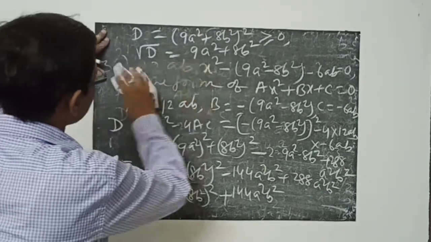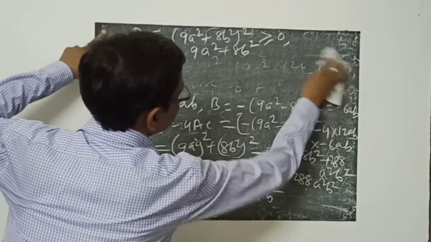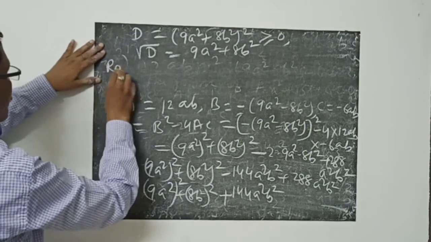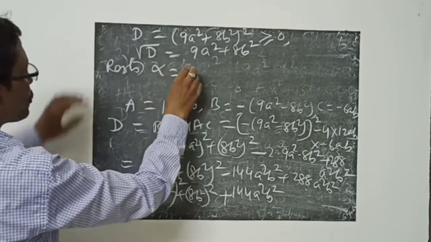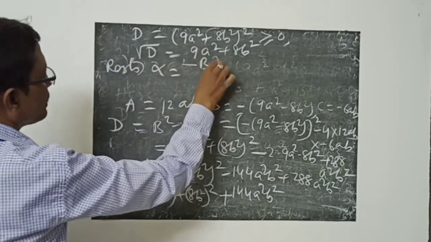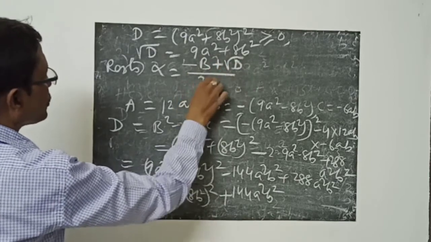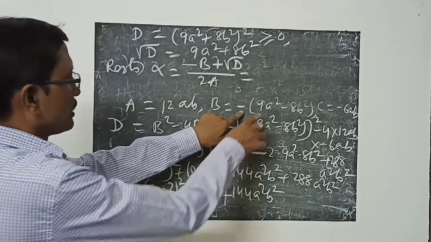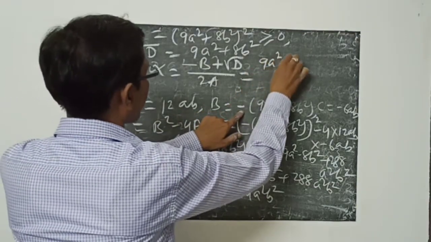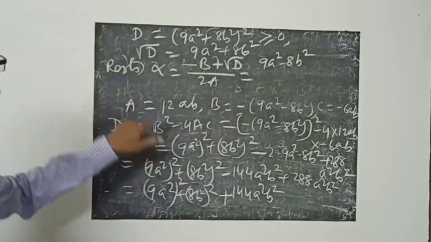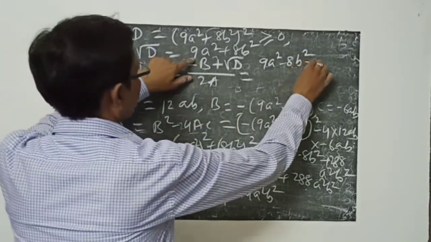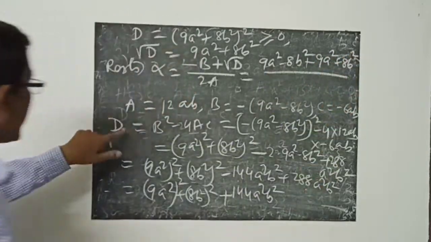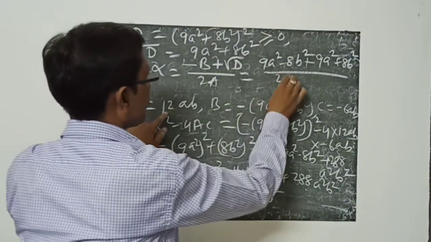Then next you are having the solution or the roots. How can we get the roots? Same process, same formula. Roots are given by alpha equal to minus b plus root d by 2a. So check, minus b means it will be plus, that's one. That means 9a square minus 8b square plus root d, plus 9a square plus 8b square, by 2a. 2a means 24ab.